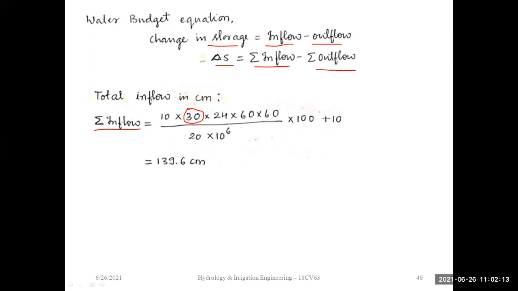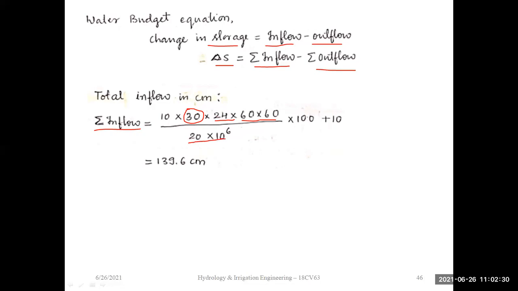So 10 into 30, and to eliminate the second, we have multiplied by 24 into 60 into 60. To convert to depth, we have to divide it by area, so it is 20 into 10 power 6, into 100.